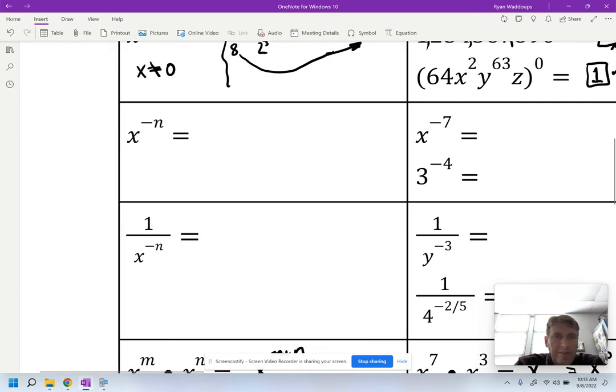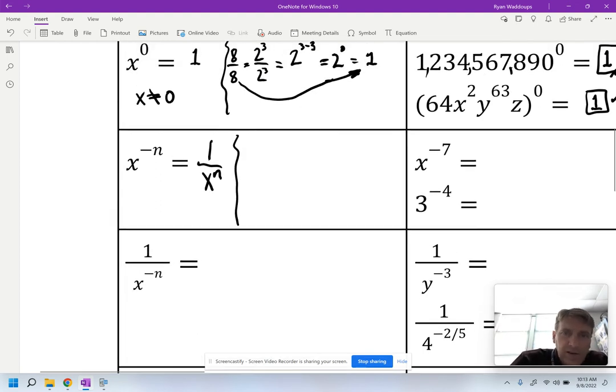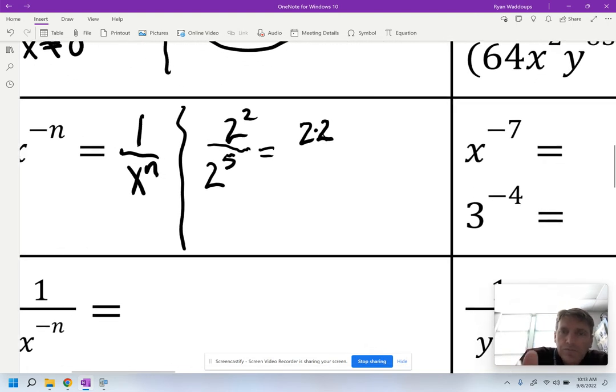All right. Negative exponents. If you have x to the minus n, that's equal to 1 over x to the n. Once again, let's look at a quick example. If I have 2 squared over 2 to the 5th power, that's 2 times 2 over 2 times 2 times 2 times 2 times 2, 5 times.